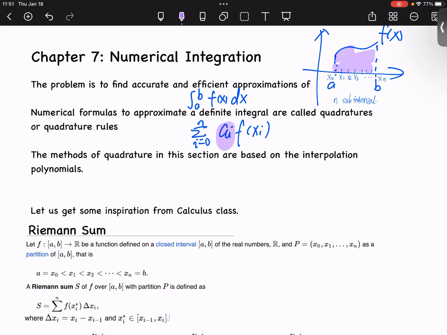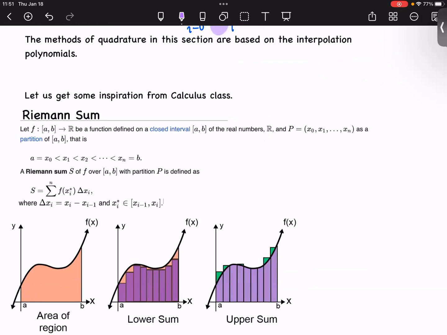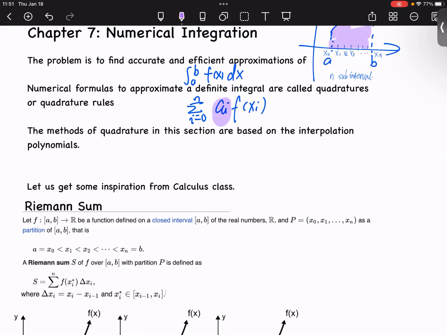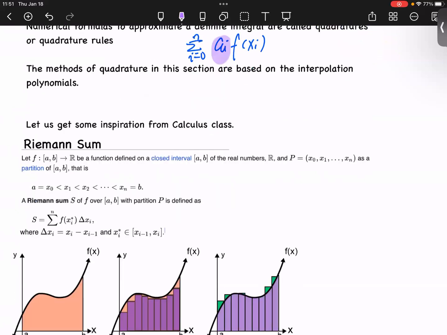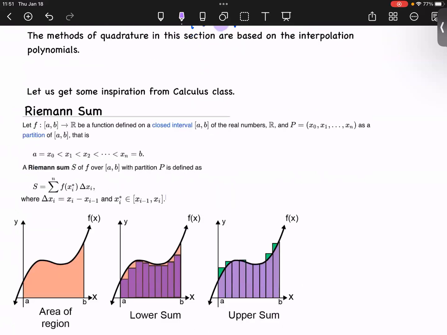So let's get some idea how to get the quadrature formula here. Let's go back to the very beginning from the calculus class. When we first talked about integrals, we defined them in this way, using the Riemann sum. Do you remember this? We partition the interval a to b into n smaller parts.